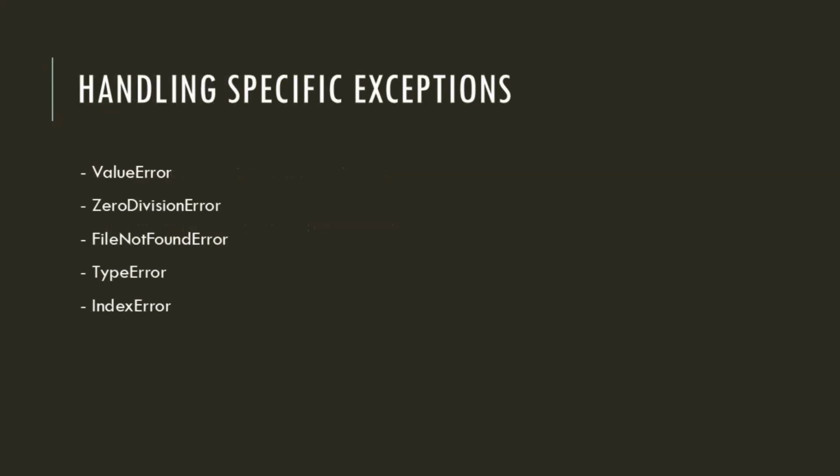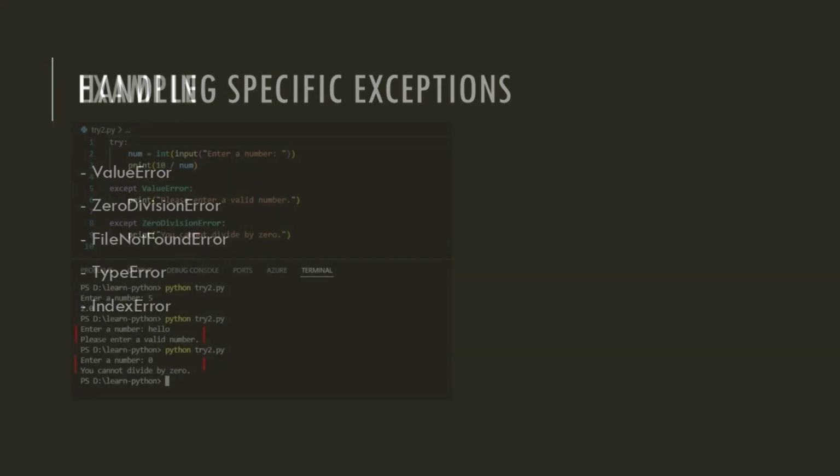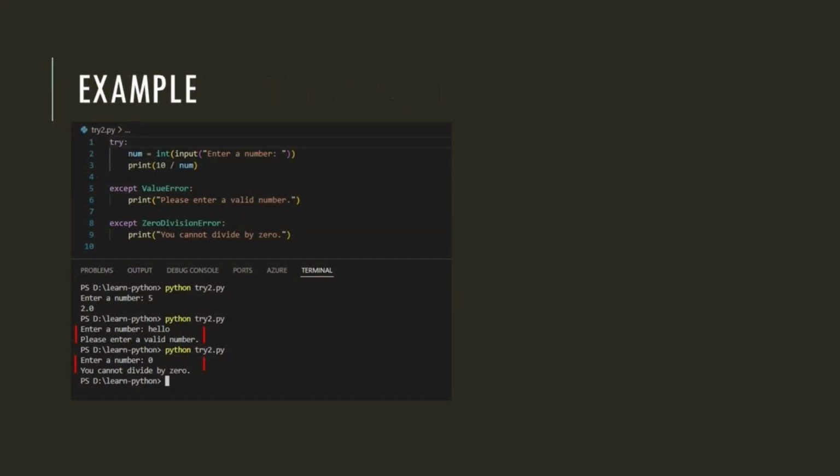Handling specific exceptions. Python provides many specific exceptions such as ValueError, ZeroDivisionError, FileNotFoundError, TypeError, IndexError. Handling specific errors makes your program more accurate. For example: try: num = int(input("Enter a number")), print(10 / num).